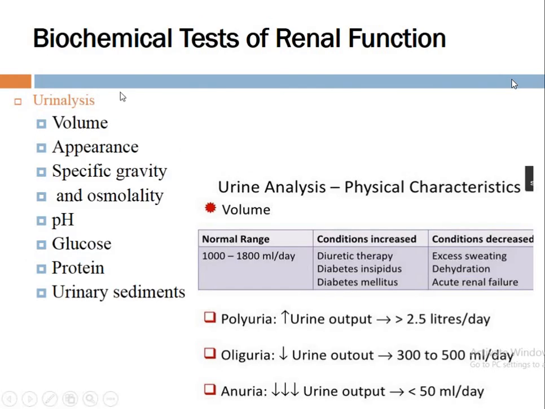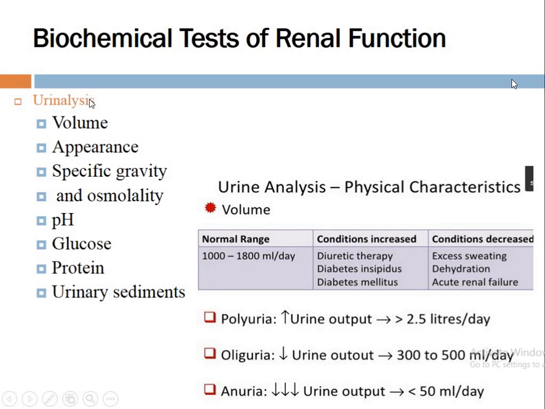So urine analysis is not only for assessing kidney functions. Like in case of diabetes mellitus, we do the urine analysis to see whether the glucose in the urine is higher or not. So urine analysis per se tells about several defects that can be there, along with problems with renal function.